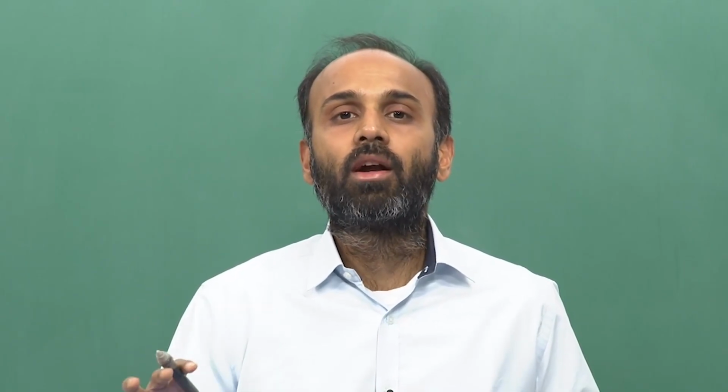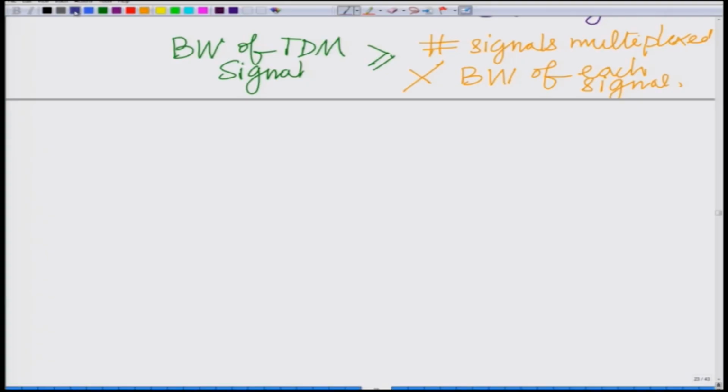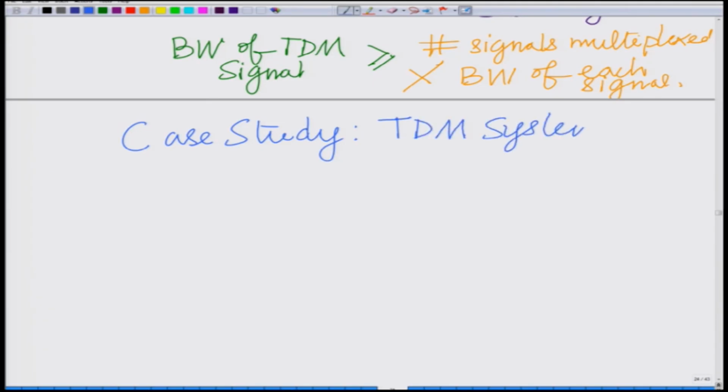Okay. Now, let us look at a simple case study to understand the construction and working of a typical TDM system, that is a time division multiplex system, also known as a T1 system. Okay. So, now what we want to do is a case study of a TDM system.